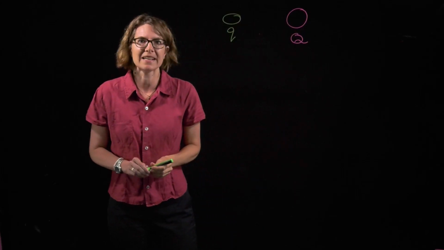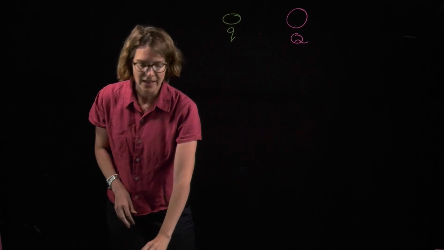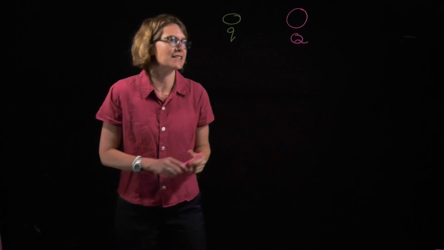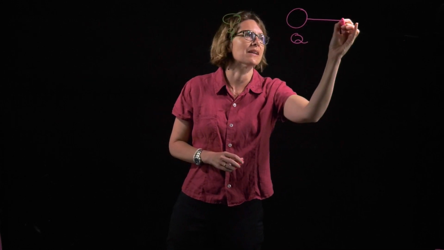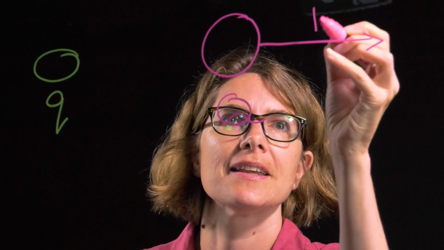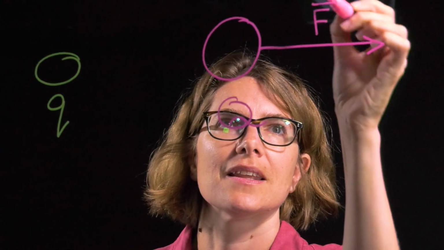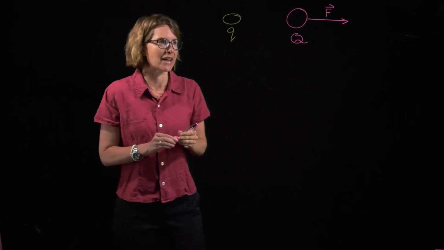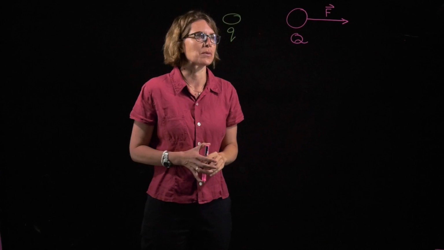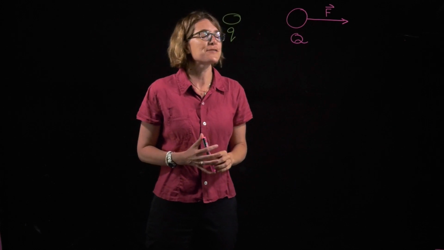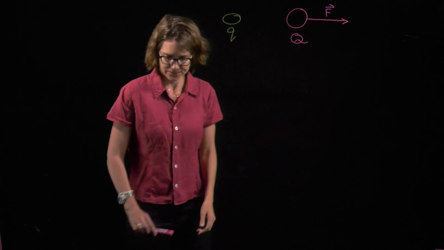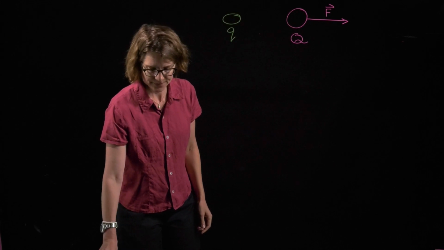As soon as we put in another charge, we're going to see that there is a force that is experienced by this charge uppercase Q. And this force depends on a number of things.